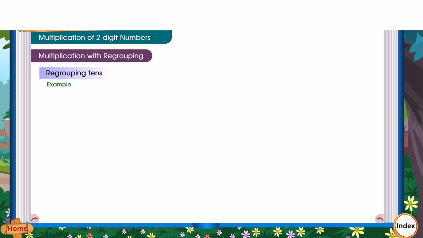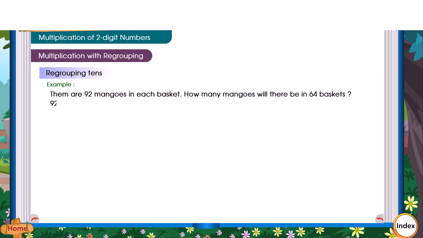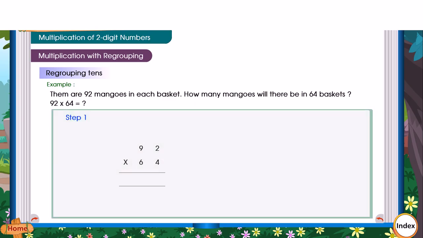Example: there are 92 mangoes in each basket. How many mangoes will there be in 64 baskets? 92 into 64 is equal to how much? Step 1. Multiply by the ones. 92 into 4 ones is equal to 368.